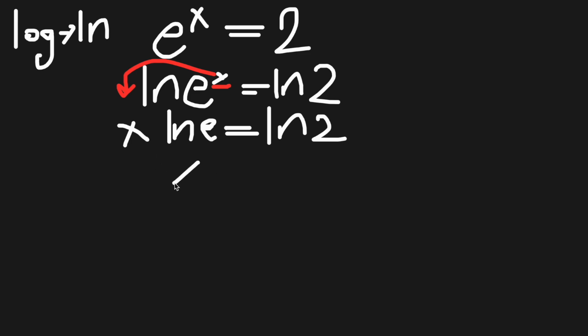Now we just have to move them all to the same side: x equals ln 2 over ln e.